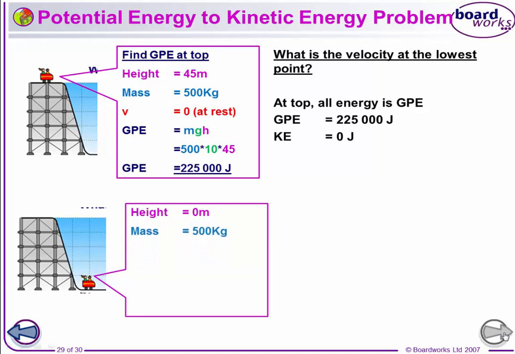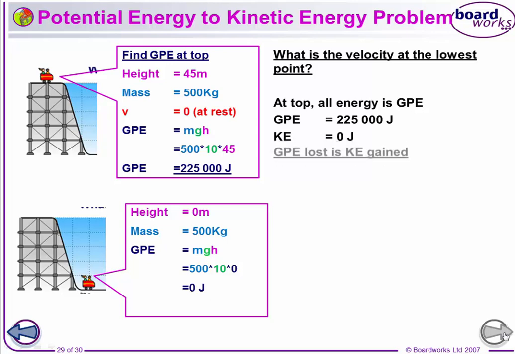The mass is still 500 kilograms. The gravitational potential energy is mgh, which is 500 times 10 times 0, which means that the gravitational potential energy must be 0 because anything multiplied by 0 is 0. But all the energy that was gravitational potential energy has now turned into kinetic energy.